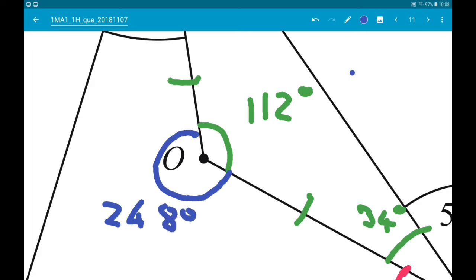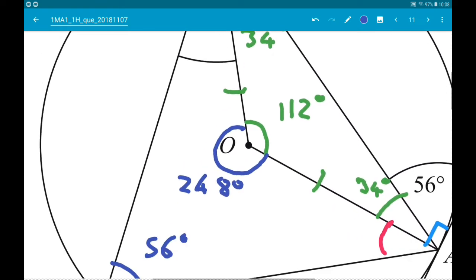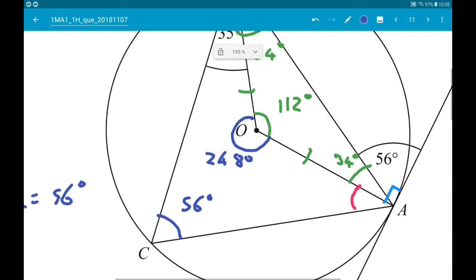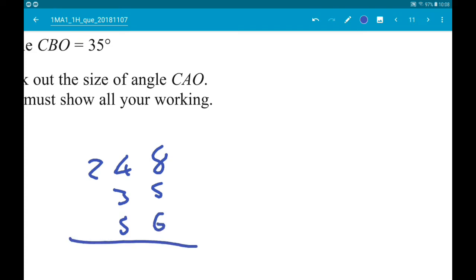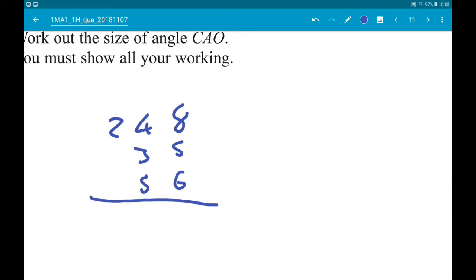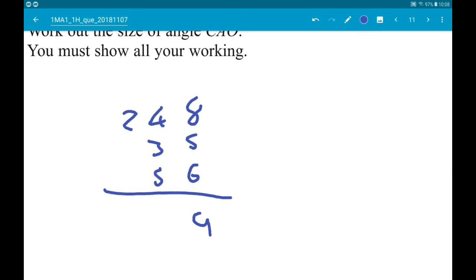So, if we now add 248, 35 and 56, that's going to give us 8 and 5 and 6 is 19. 1, 4, 3 and 5 is 13. 1 and 2 is 3.